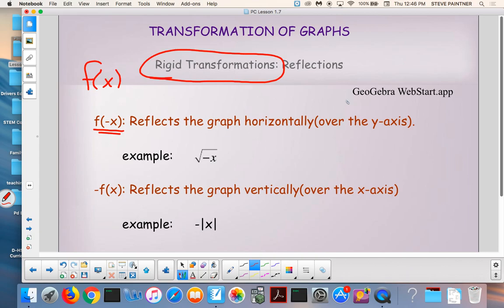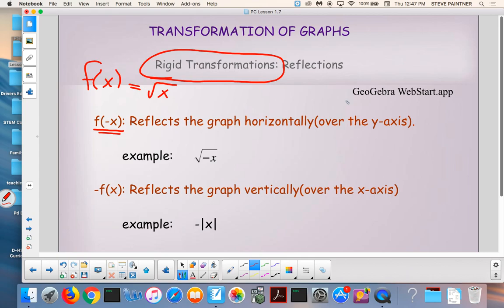And it looks like to me we're modeling which one? Which parent? The square root function, right? So that's your parent, and look what they did. They took your parent, and instead of writing f of x, they wrote f of negative x. When we switched x to negative x, weren't we checking for symmetry? Over what? The y-axis.